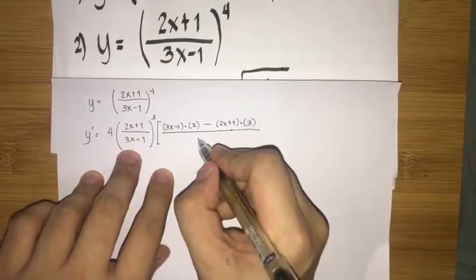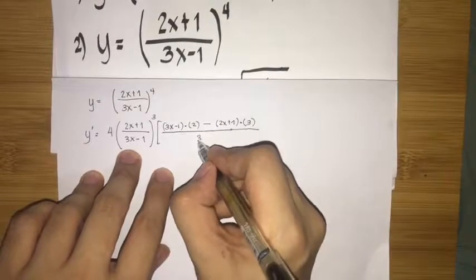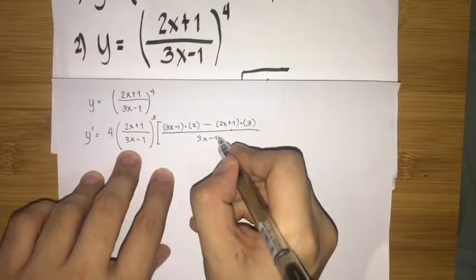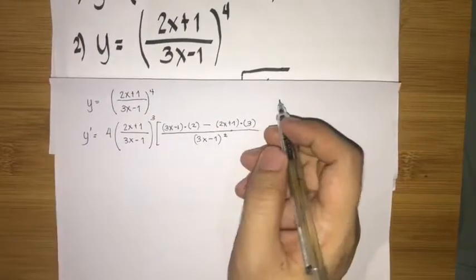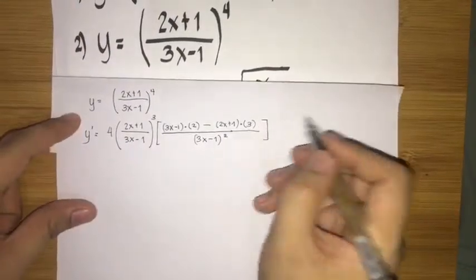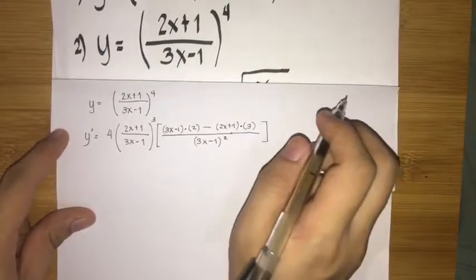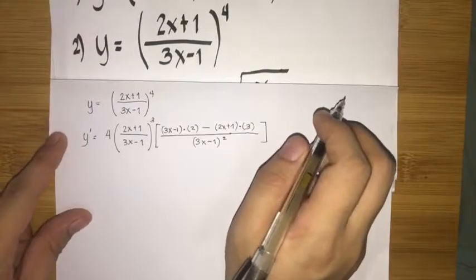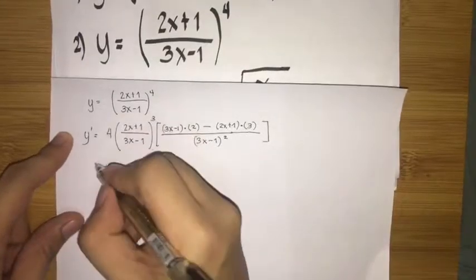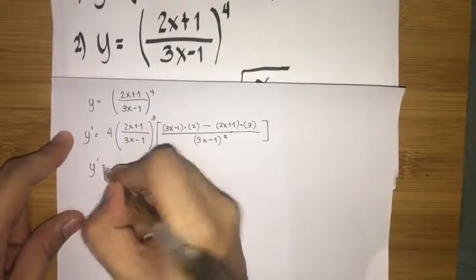Then for the denominator, we just have to square 3x minus 1. Okay, so I think we're done with the differentiation. The next step will just be simplification.